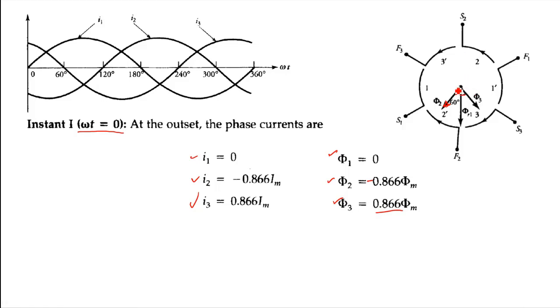I'm just plotting generalized phi 1, this is phi 2 and phi 3, so they're 120 degree apart, right?